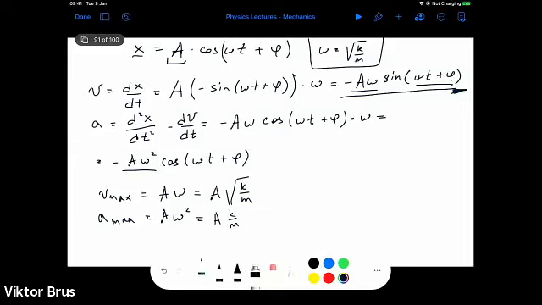Okay, so now we need to proceed further in the description of parameters related to this simple harmonic motion.